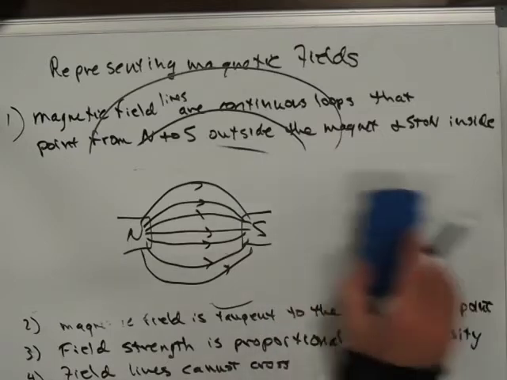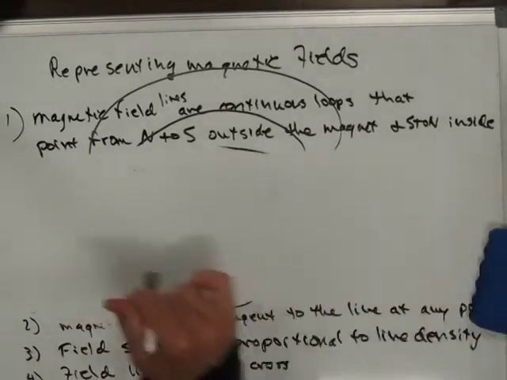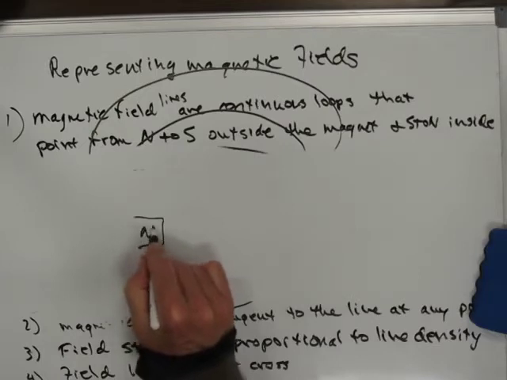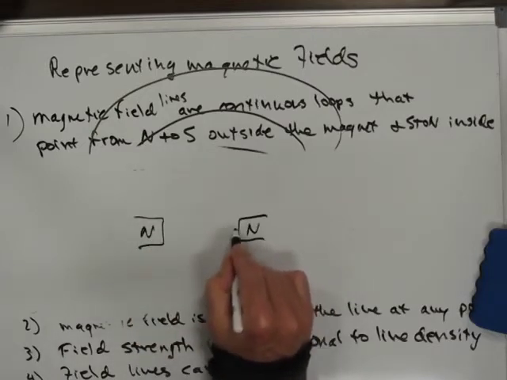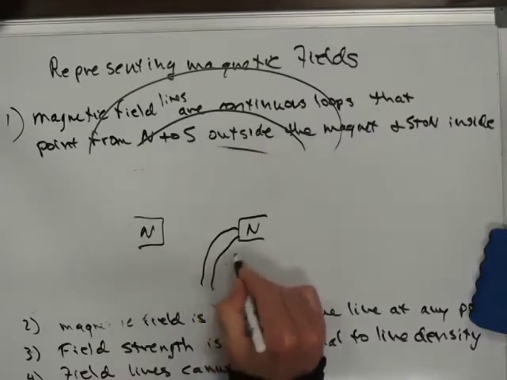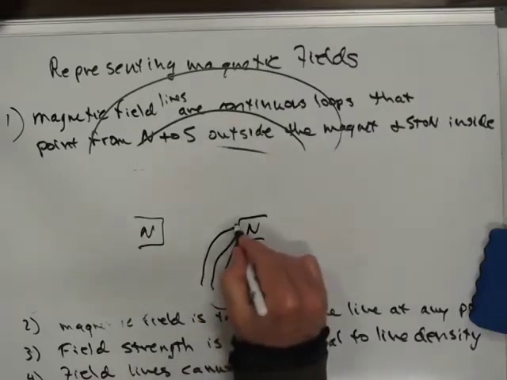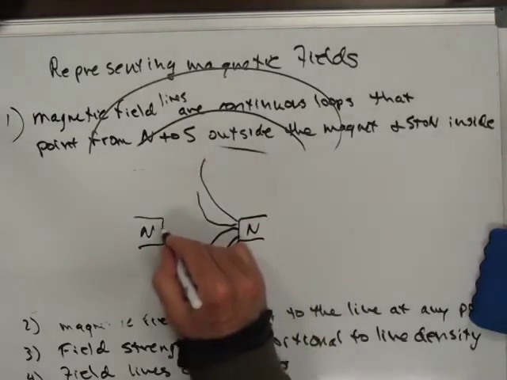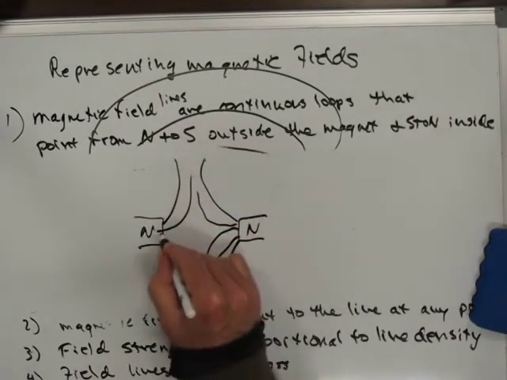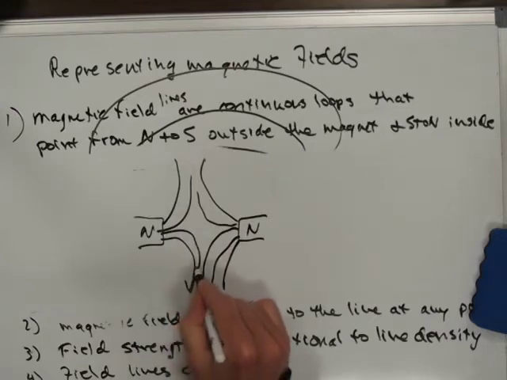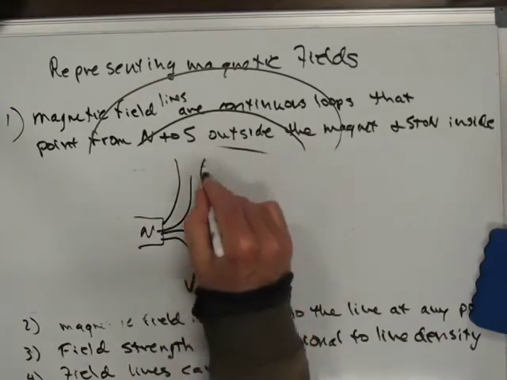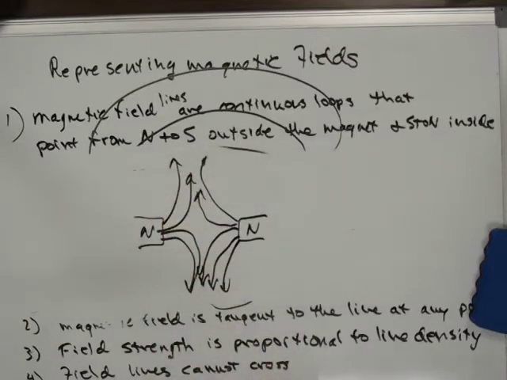If I have two North Poles, the field lines are kind of repelling each other, you might say. Right, the field lines are essentially spreading away from North Poles and looking for South Poles, and so those are two examples of those.